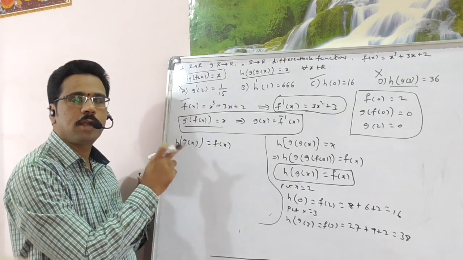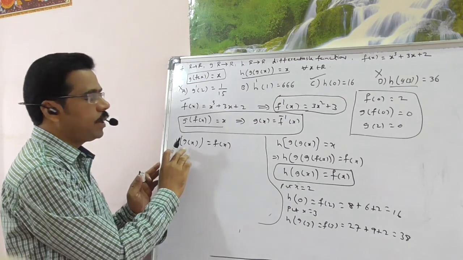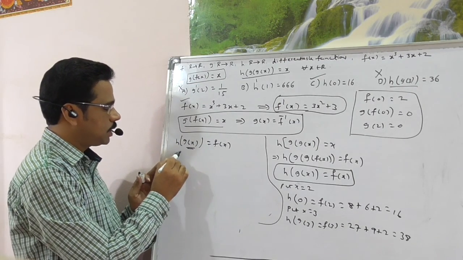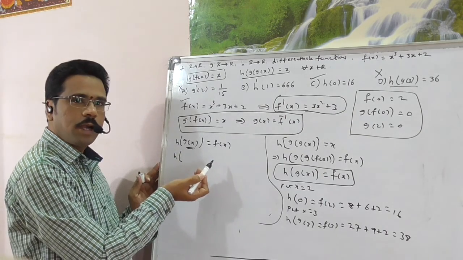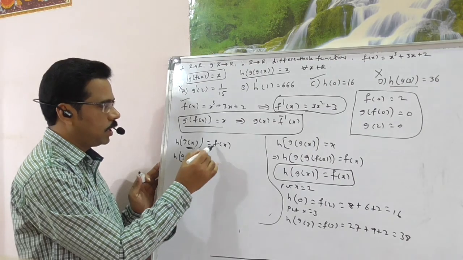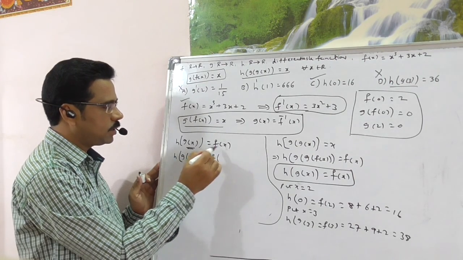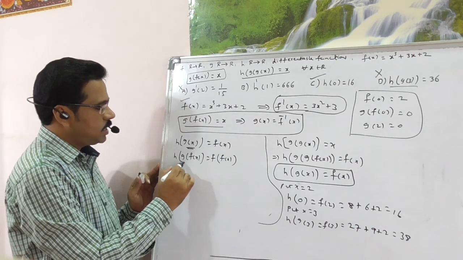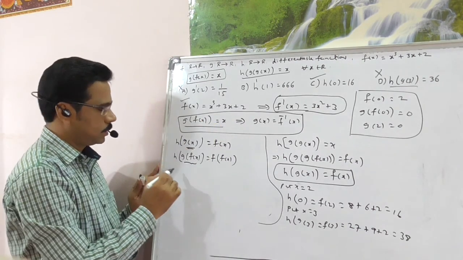If you get h of x, then you can find h dash x. So try to get h of x. I am writing h of, in place of x I am writing f of x. Now g of f of x is equal to x.